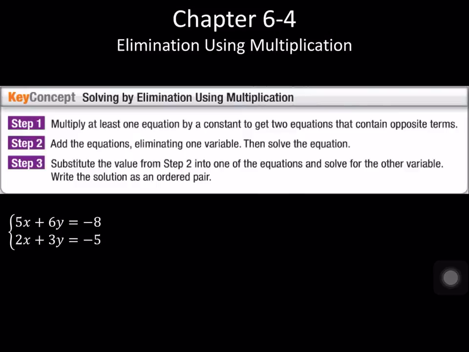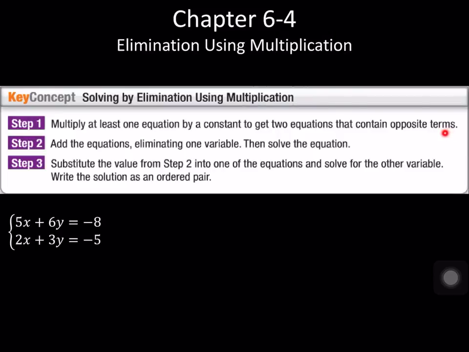Okay, so step one, using multiplication, is we're going to multiply at least one equation. That makes it sound like we might have to multiply both equations by a constant, but we're going to multiply at least one equation by a constant to get two equations that contain opposite terms.